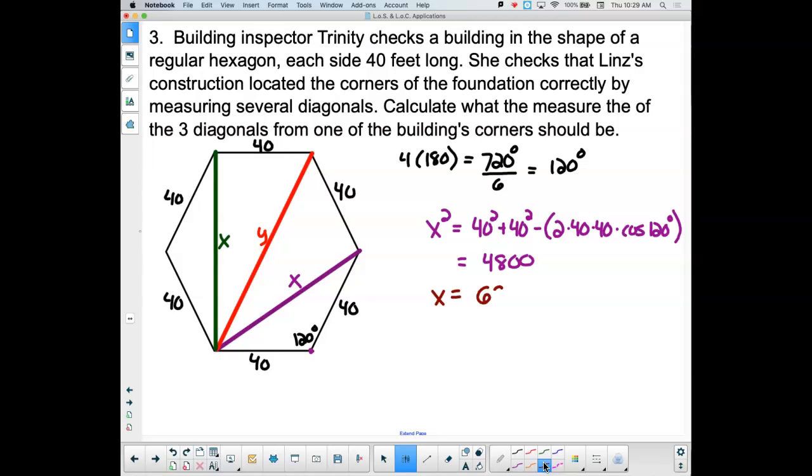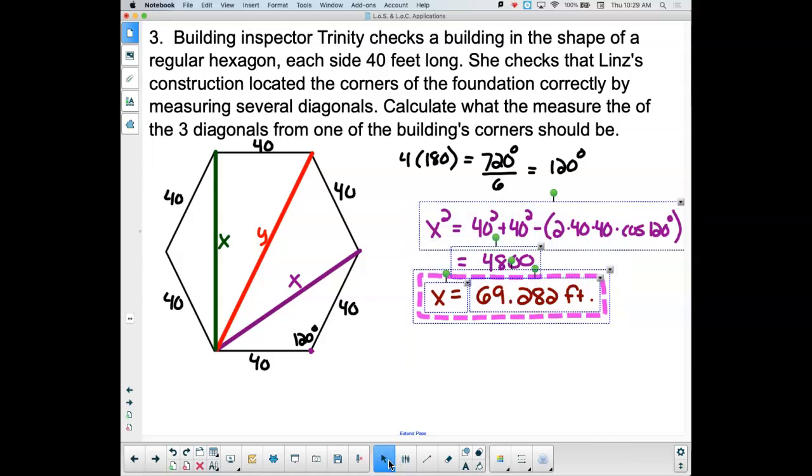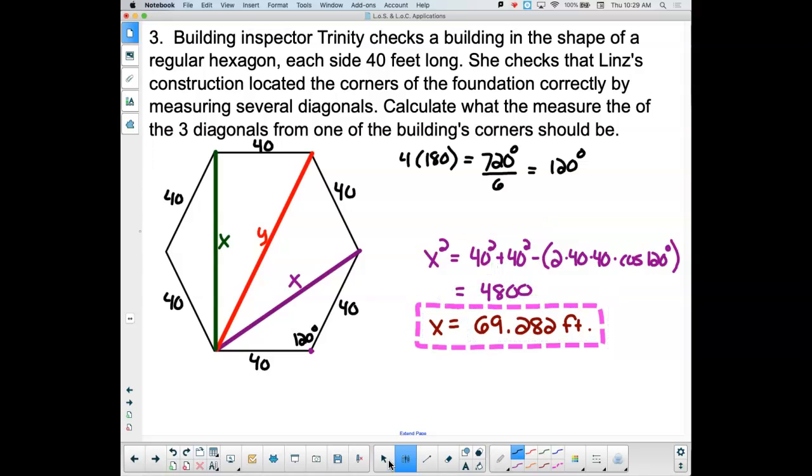I get 69.282 feet. So that was for purple and for green. Now what? We gotta get red.